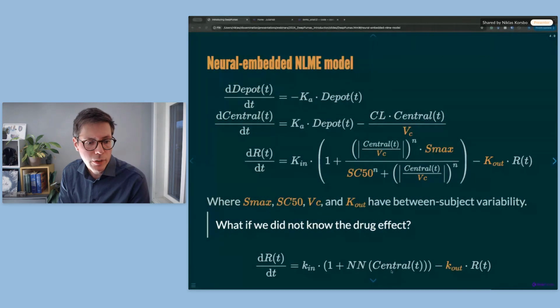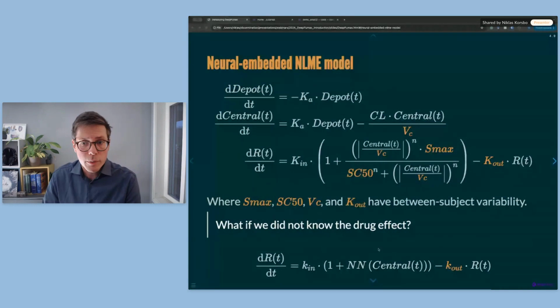This is the state variable, the drug in the central compartment. That is what I want the model to be able to respond to. But in this classical model, we have a few different points at which we can account for between subject variability. And so how do we do this when we embed a neural network?